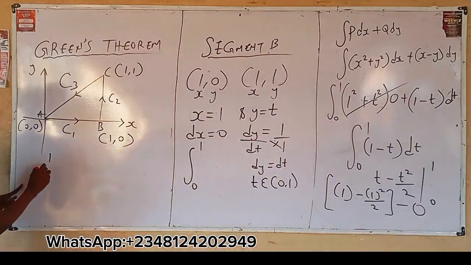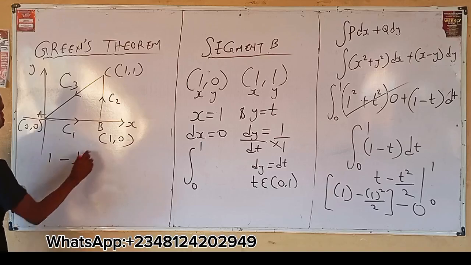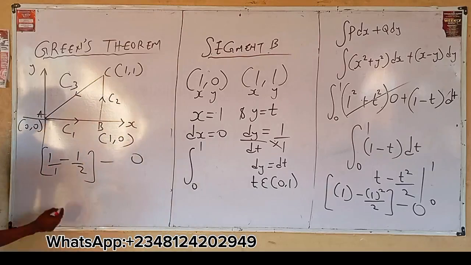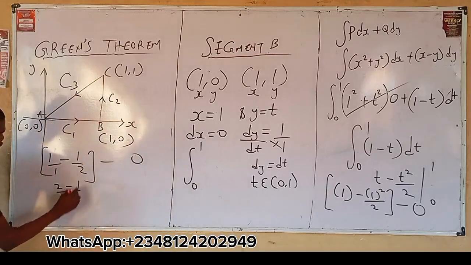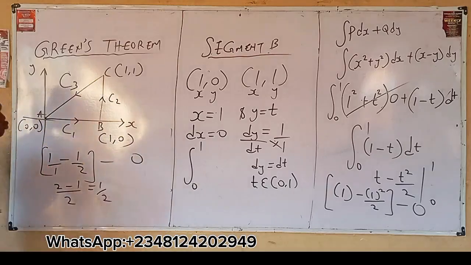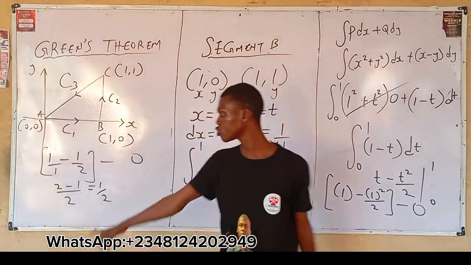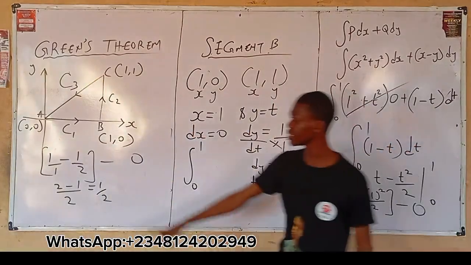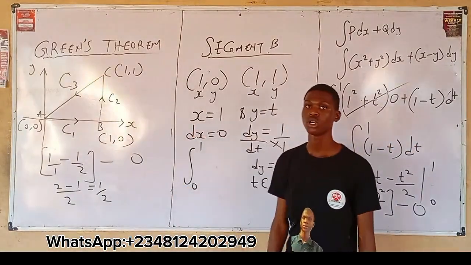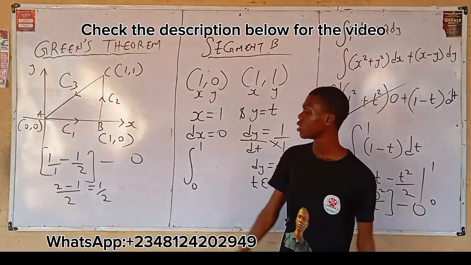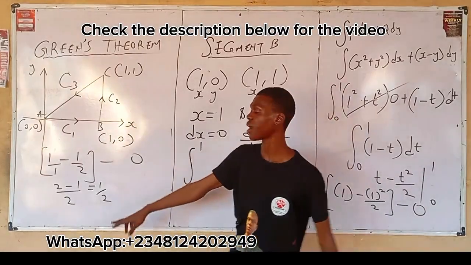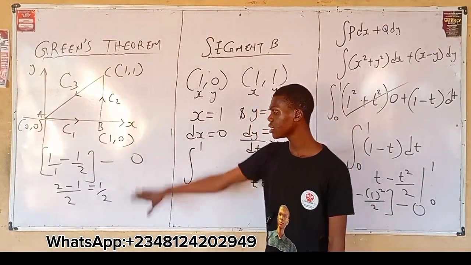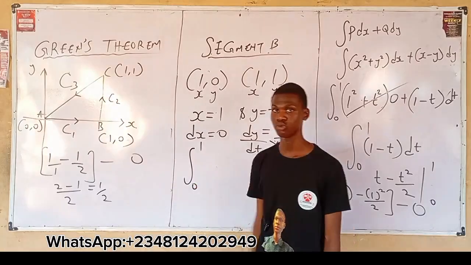I have 1 minus 1 over 2 minus 0. Taking the LCM, this means 2 minus 1, which is equal to 1 over 2. So for segment B, I got 1 over 2. If you apply the parameterization approach, you definitely get 1 over 2. I've actually done that. Okay?